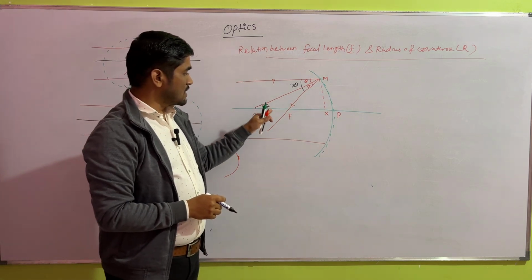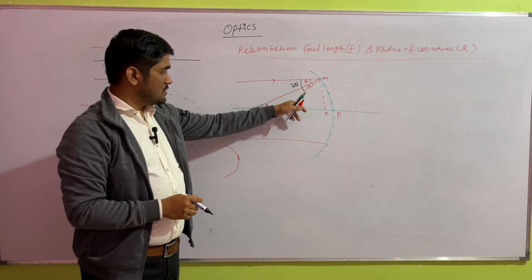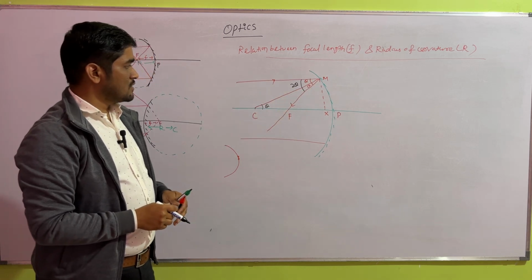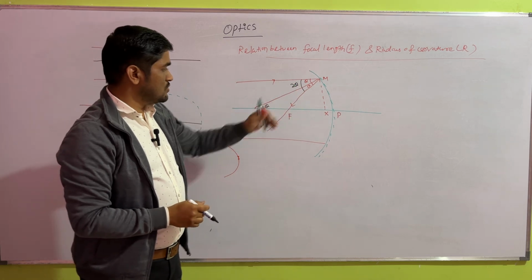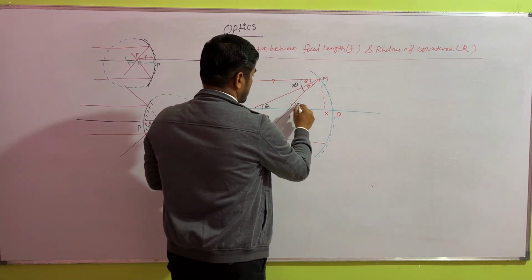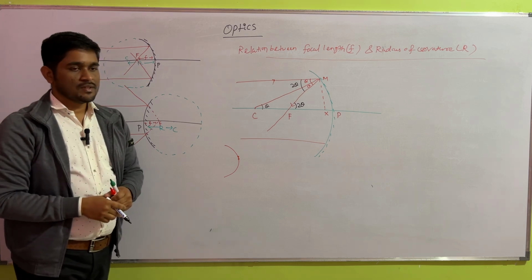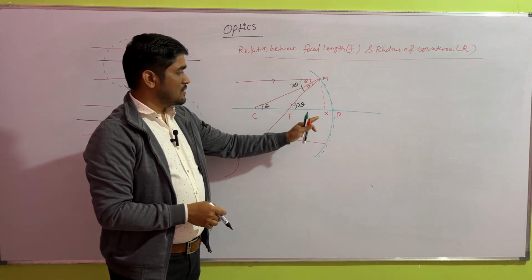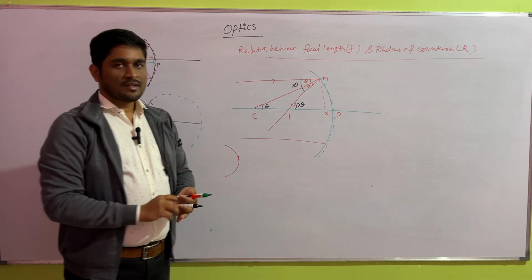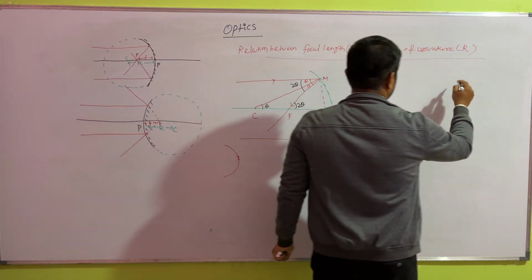Again, this ray and the principal axis are parallel to each other, this ray intersects, so this angle will be equal to this angle, 2 theta. Clear? This is for concave mirror, and the same thing you can calculate for convex.